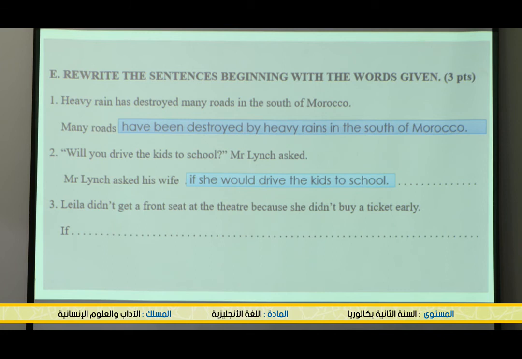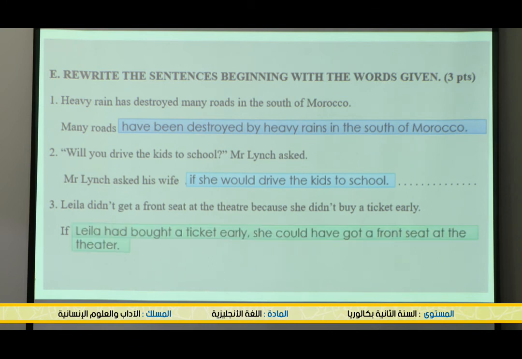Now I want you to think about it before I give you the answer. Can you think about it? Well, it's this. If Layla had bought a ticket early, she could have got a front seat at the theatre.